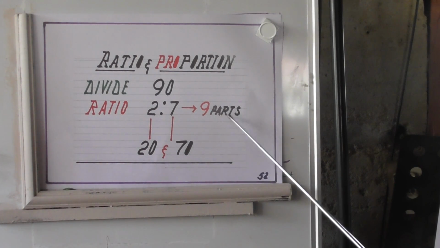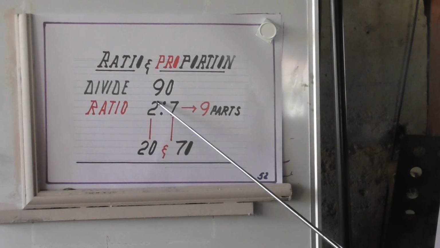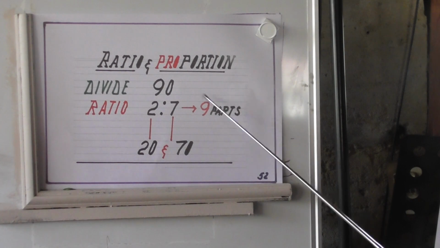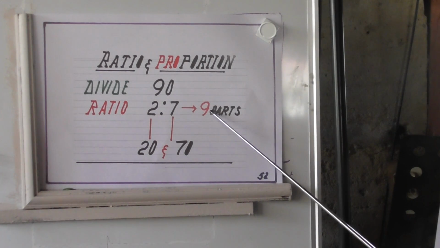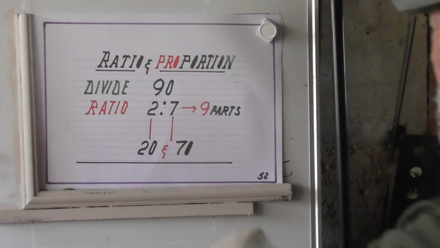If 9 parts is 90, 1 part is 10, 2 parts is 20, 7 parts is 70. Ratio. First step, add the parts. 90 divided by 9 is 10, times 2 is 20, times 7 is 70.